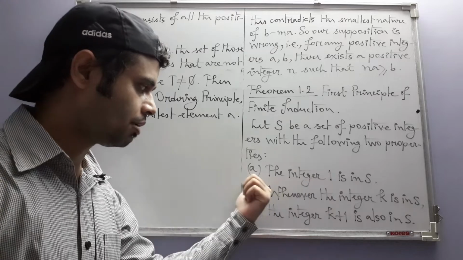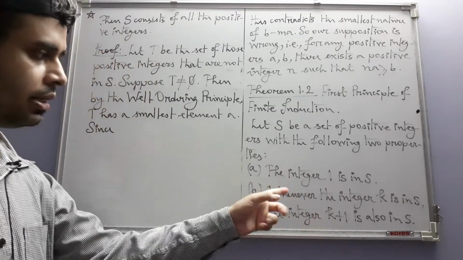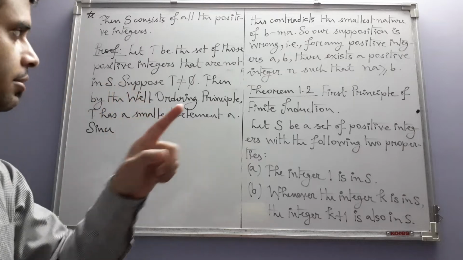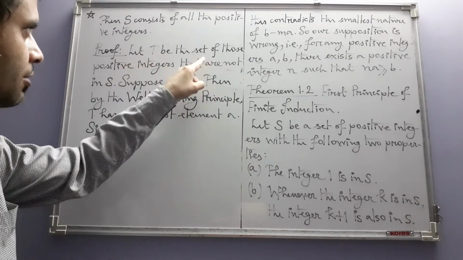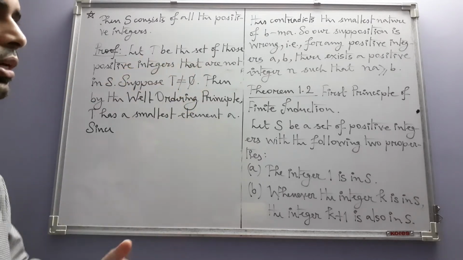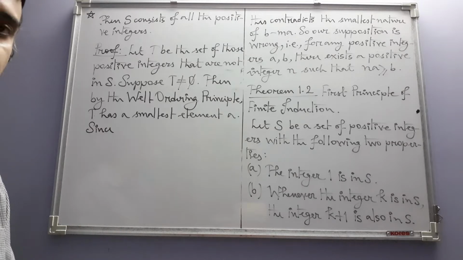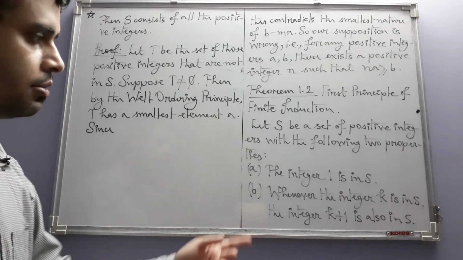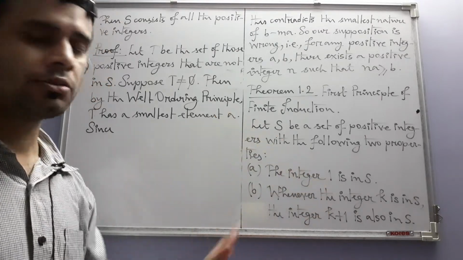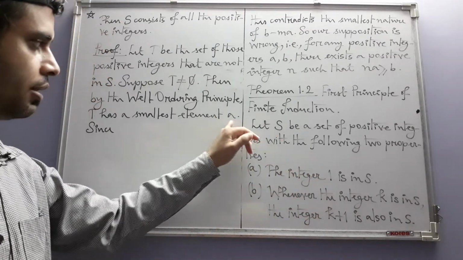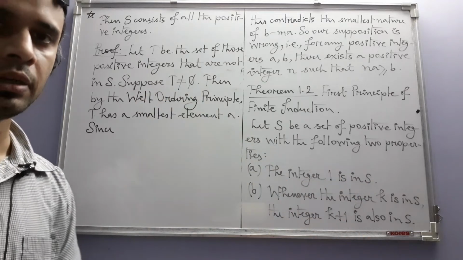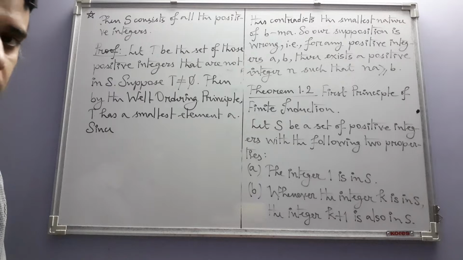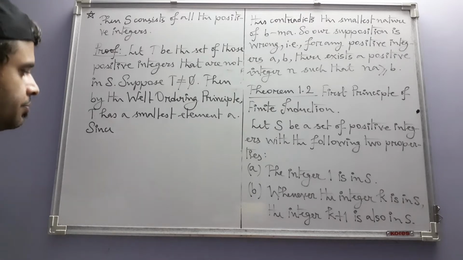However, from condition A, we already know that the integer 1 is in S, and according to our definition of T, T is the set of precisely those positive integers that are not in S. So that means A cannot be equal to 1 because A is in T and 1 is in S, and T and S are disjoint, they don't have any element in common.